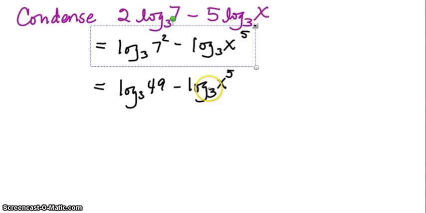And now I will be dividing because I'm subtracting, and remember, when you divide with the same base, you subtract exponents. So my final answer with this problem is going to be the log base 3 of 49 over x to the 5th.